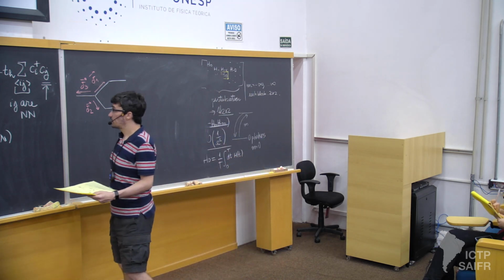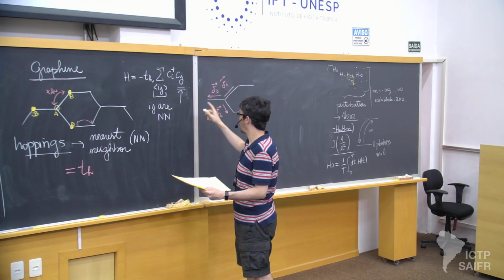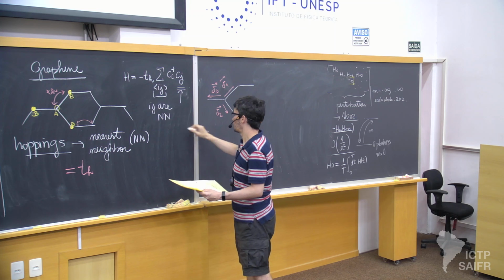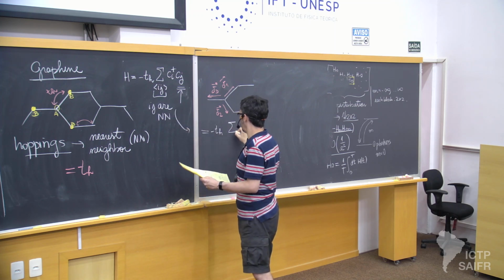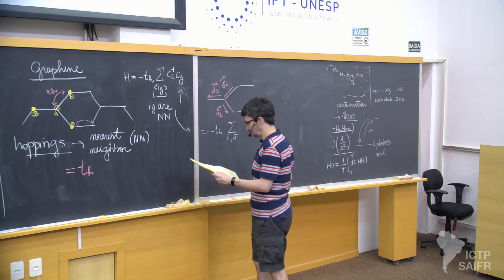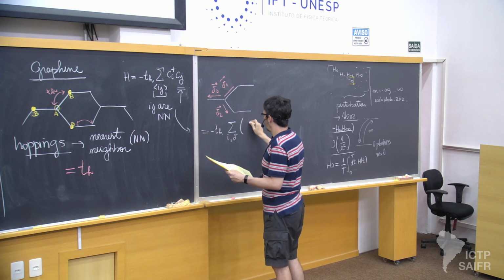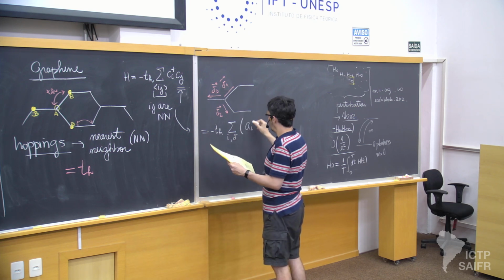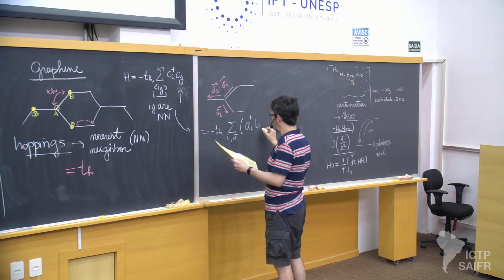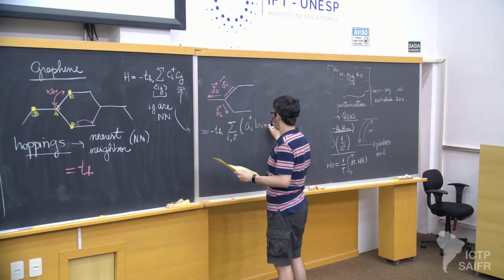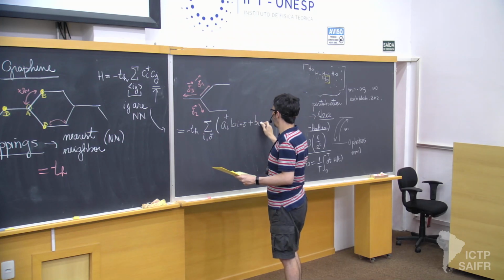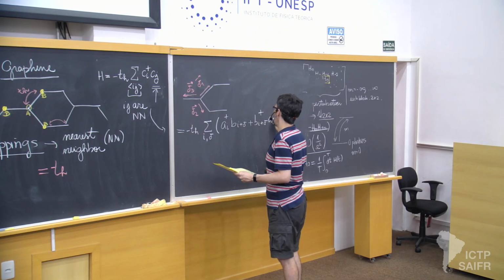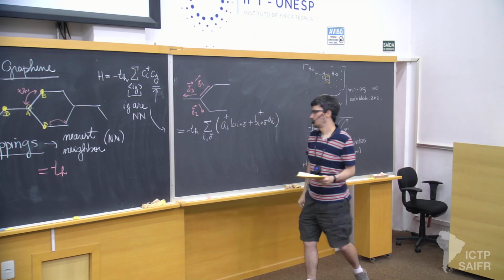All right, so the next step that we have to do here, I can rewrite this Hamiltonian as minus t_H, sum over i and sum over delta, a_i dagger b_{i plus delta}, plus b_{i plus delta} dagger a_i.